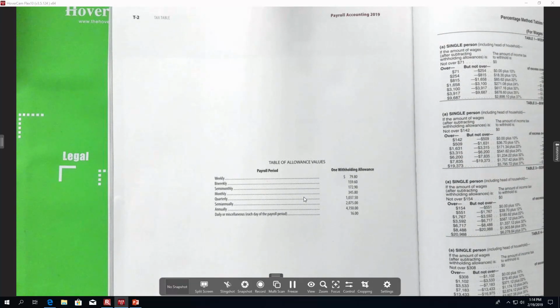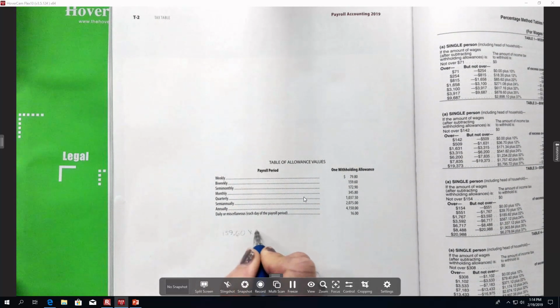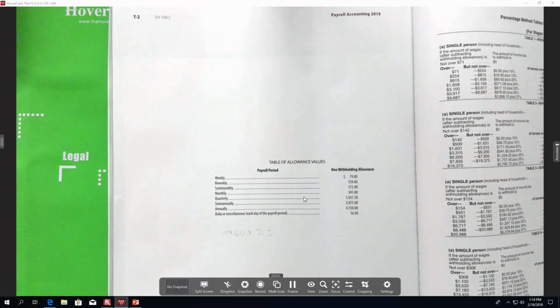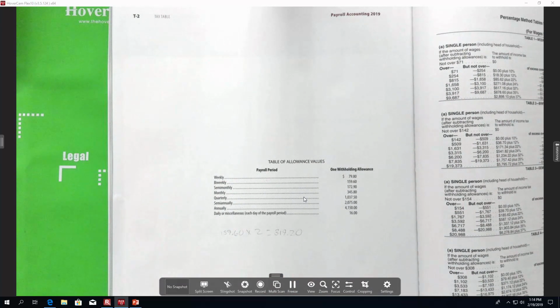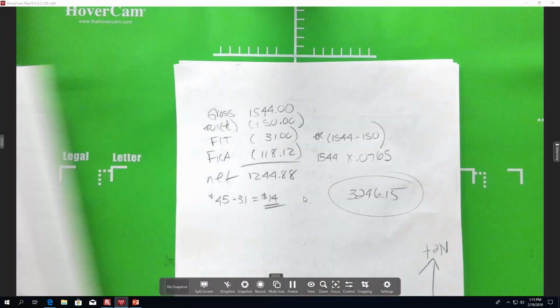Okay, so figure out how much we're going to subtract from his gross check by using this table. And I can just pencil that in. I can see it's 159.60 times 2. Right, 319.20. That number you have to subtract from the gross wages before you go over to the tables. So I'm going to take this 319.20 away from his check.